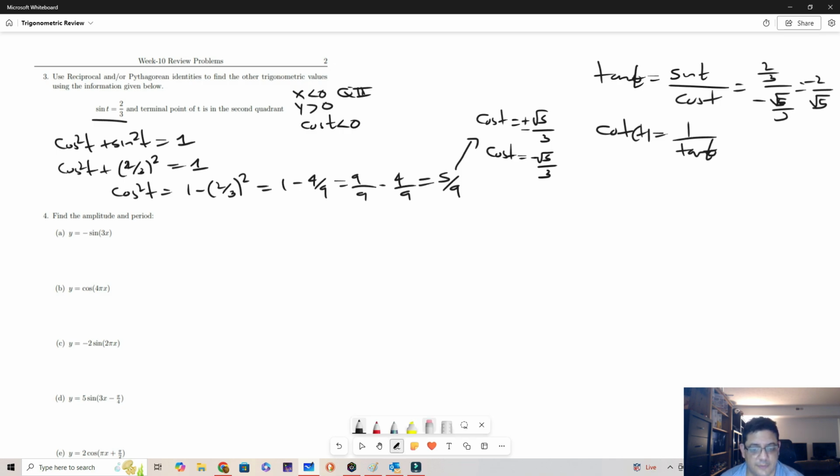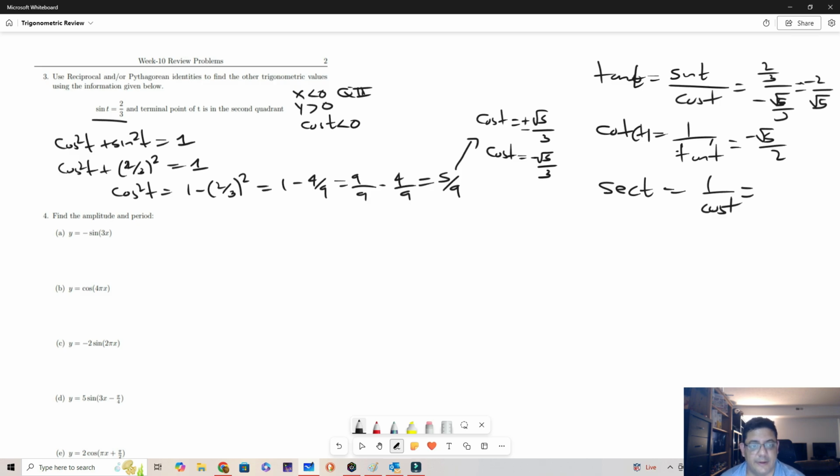The cotangent is 1 over tangent of t. And so that means that I can flip around these values here, and this is going to be minus square root of 5 over 2. Now, secant is 1 over cosine.